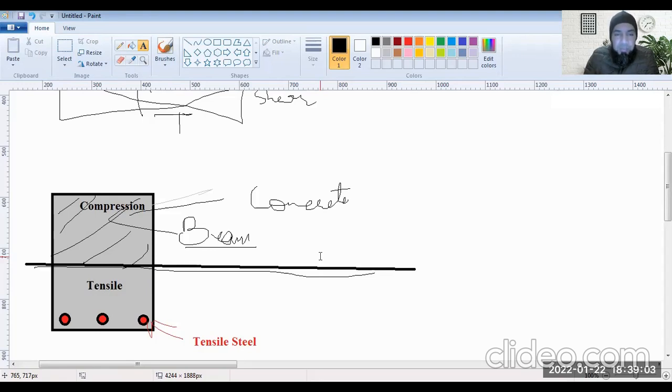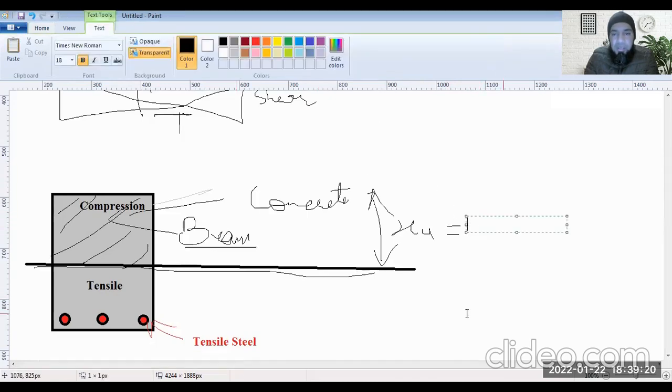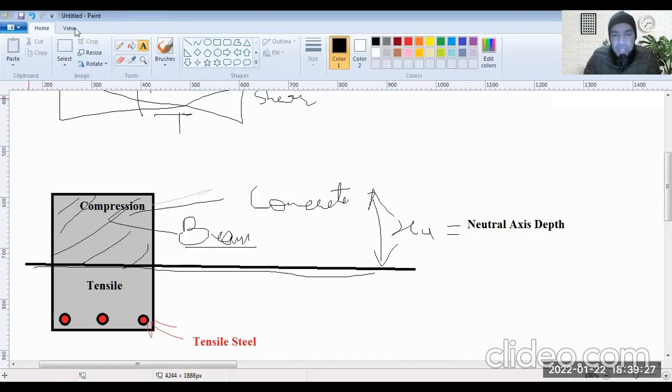Now, this depth, up till which it's in compression, you can designate as XU, and we call it the neutral axis depth. So this axis at the center is the neutral axis.